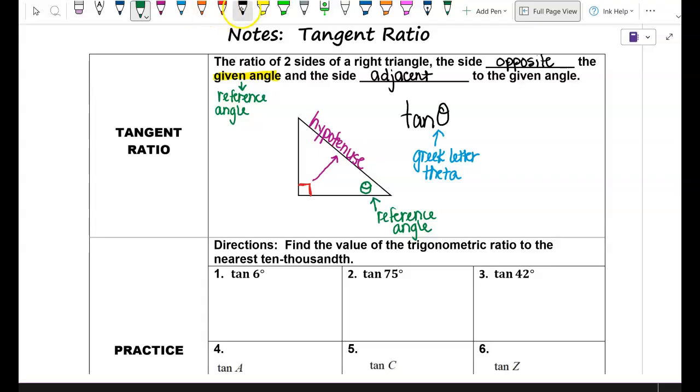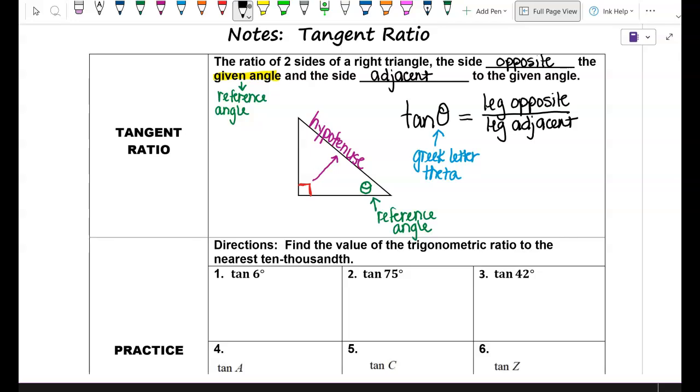And we said that the tangent ratio is the leg opposite divided by the leg adjacent. And again, that opposite and adjacent refer to where is that reference angle?